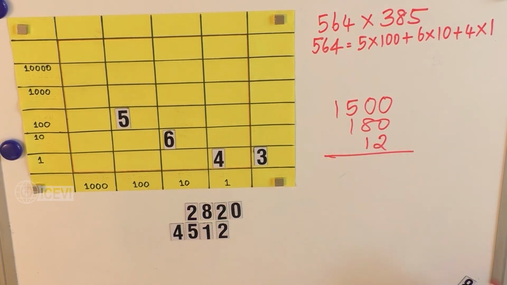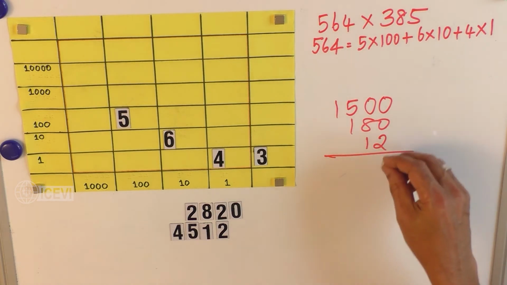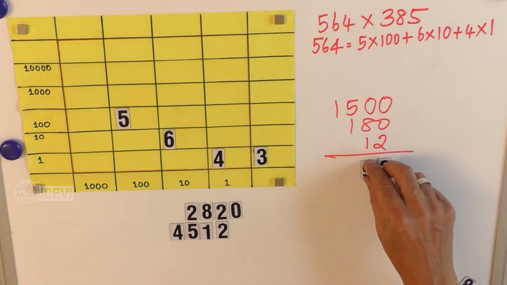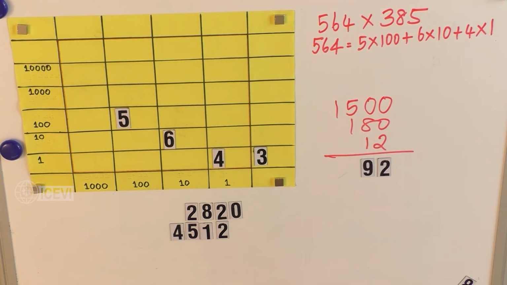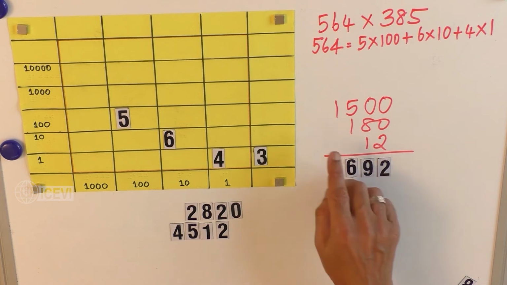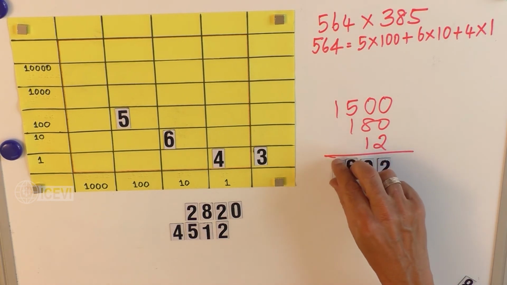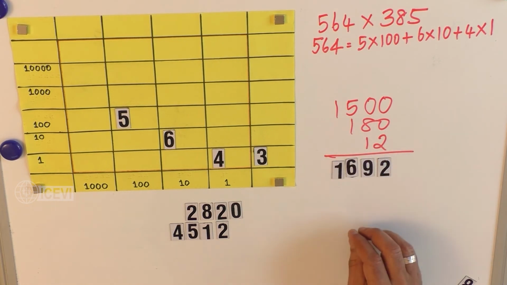So the value is 0, 0 and 2 should be added, that is 2. 8, 0 and 1 should be added, that is 9. And 5 and 1 should be added, that is 6. And then the 1 is added in the 1000th column, that is 1692.